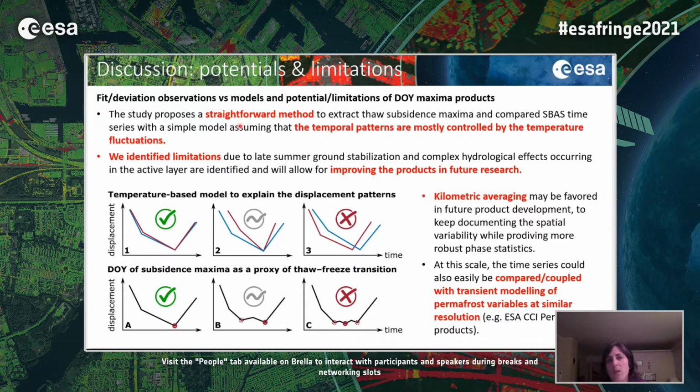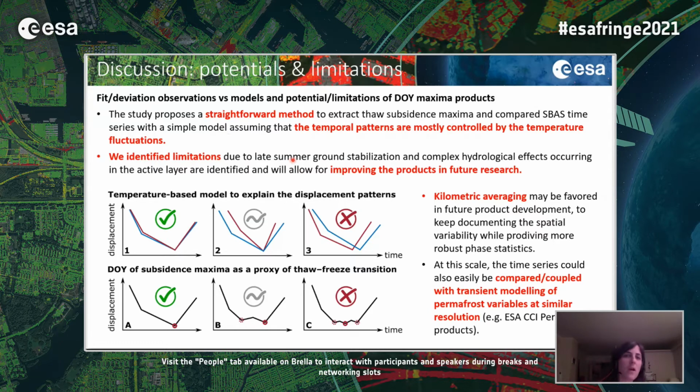We propose a quite straightforward model to extract those subsidence maximum and compare the time series with a model, assuming that in a way, all the temporal patterns are mostly controlled by the temperature fluctuation. And obviously, we identify several limitations.